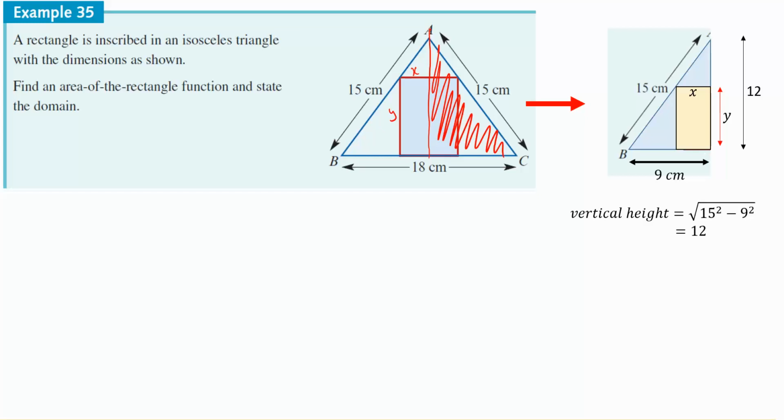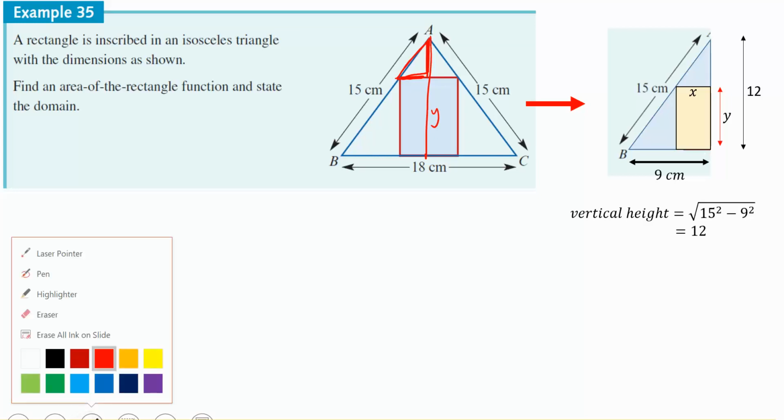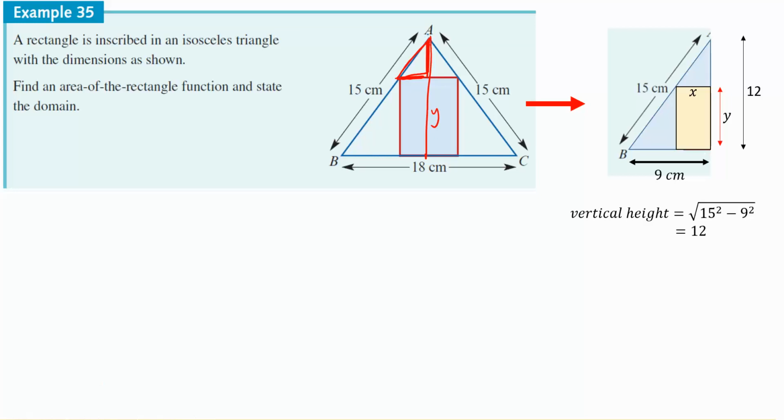I'll draw it here so it's in the video. If this is y, I can find out this height and this length, and this is a small triangle, in comparison to a larger triangle, which I'll draw in blue.